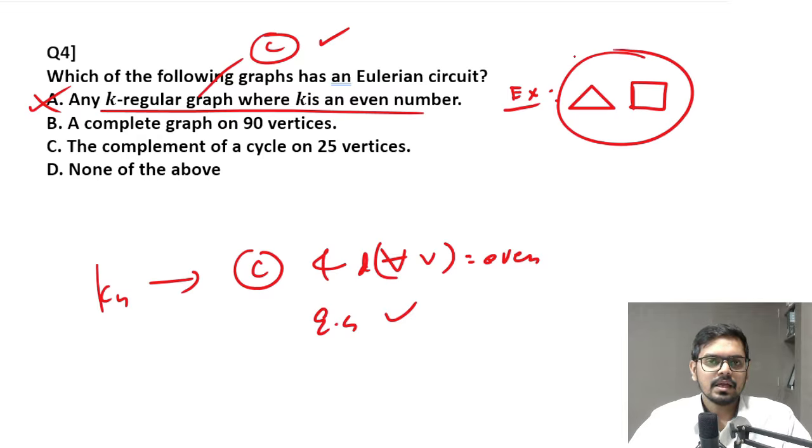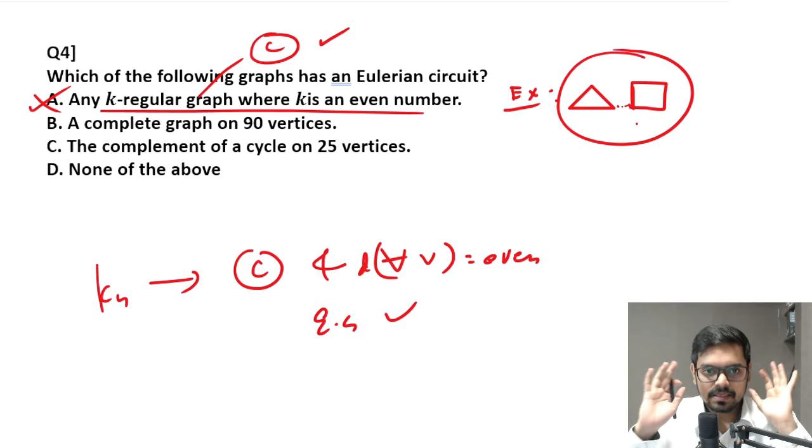Why is it k-regular? Because every vertex has even degree: 2, 2, 2. Still, it's not Eulerian. Why not Eulerian? There is a disconnect here, and the disconnected graph creates an issue: I cannot cover all the edges, so it's not an Eulerian circuit. Understood why option A is incorrect.